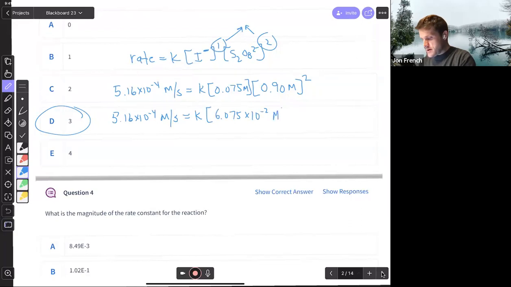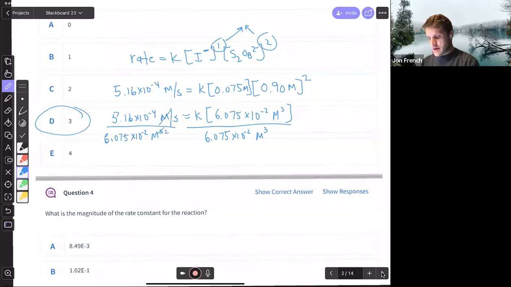That's going to be molarity cubed. So divide both sides by 6.075 times 10 to the minus 2. One of those cancels out, and we can solve for the rate constant.